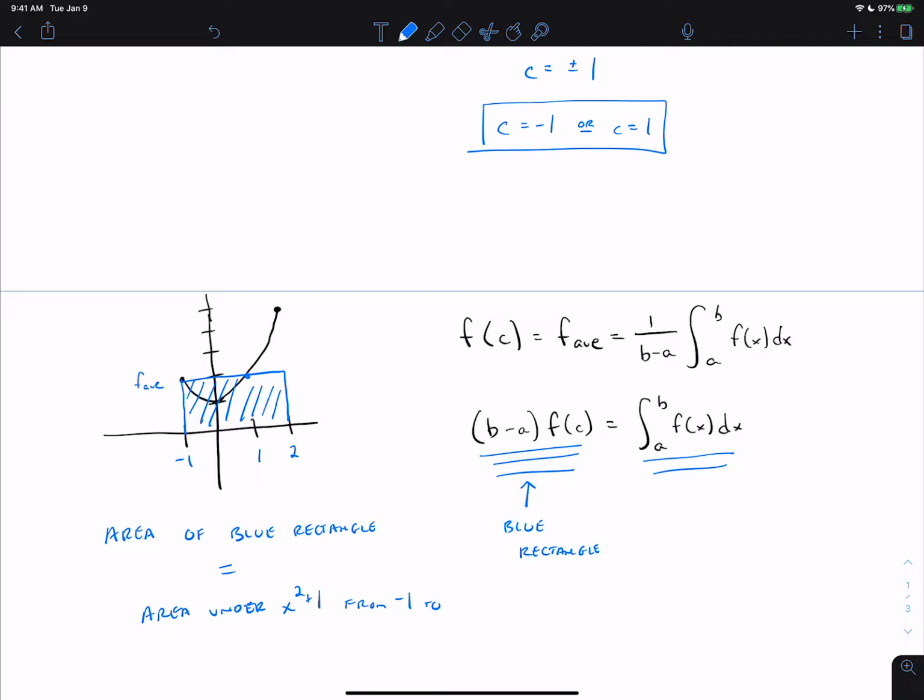You'll see on the worksheet that goes with this video some problems where you're asked to draw a rectangle where the area of the rectangle is the same as the area under the curve, and this is what it means. So this is what you get from the mean value theorem for integrals.